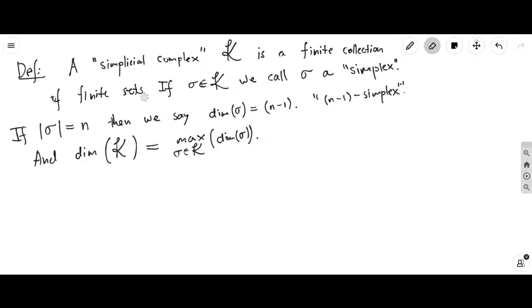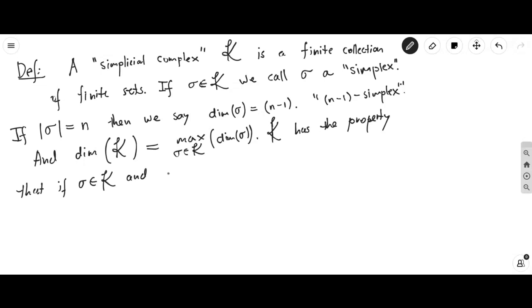Though one does not need to, I think it's better to put this property in. And K has the property, I guess I should have put the property first, that if you have a simplex in the complex, and you have a subset called tau, then tau is also in the complex.